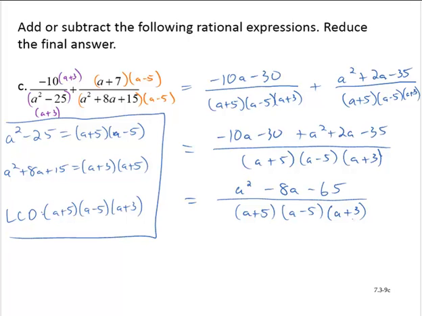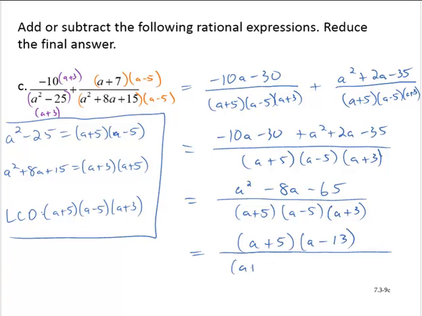All right, now let's see. Can I factor that numerator? Does anything multiply to 65? Well, it's divisible by 5. 65 is 5 times 13. And 5 and 13 have a difference of 8. So yes, I can factor it as a plus 5 by a minus 13.